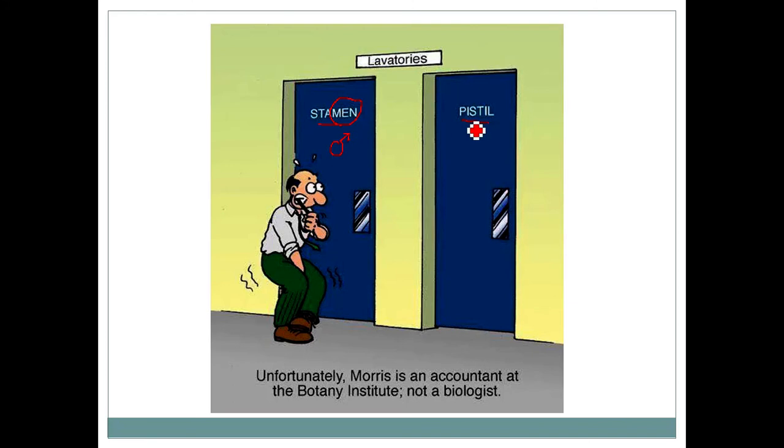Pistil doesn't have anything to do with females in its name, of course, but you might remember an old song called Pistol Packin' Mama. It was a big popular song back in the 30s or 40s, I don't remember. If you remember that, then you can remember the mama part relating to the female aspects of it. But the stamen is the male, the pistil is the female.